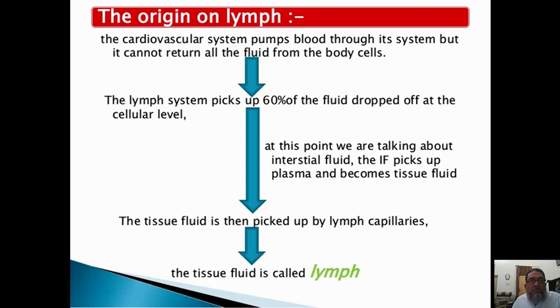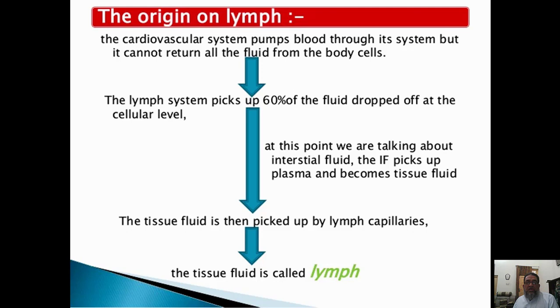60% of the fluid that drops in the cellular spaces is drained by the lymphatic capillaries. Always remember, 60% that remains within the interstitial spaces is absorbed by the lymphatic channels. At this point, we are talking about the interstitial fluid. The interstitial fluid picks up plasma and becomes tissue fluid.